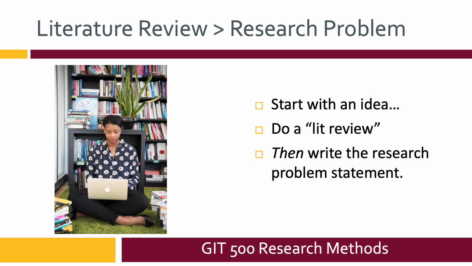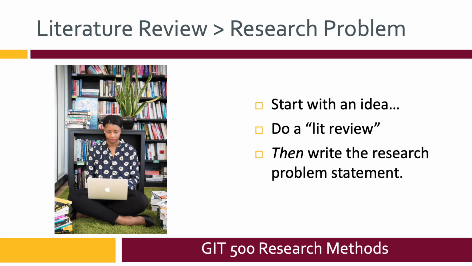Typically, you come up with the research problem at the beginning, an actual statement where you say, this is my actual problem. But really you don't, because first you need to come up with a general idea of what your research problem is going to be. That's your idea. You start with an idea, and then you do a literature review, or what we call a lit review.